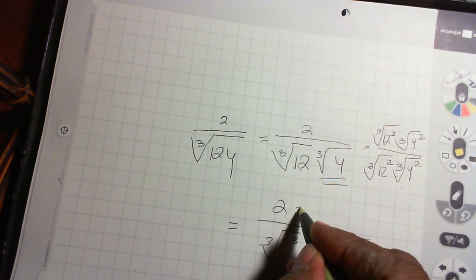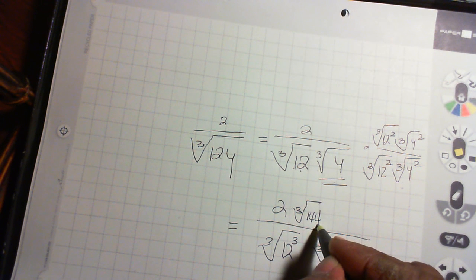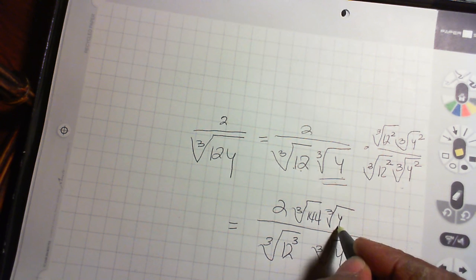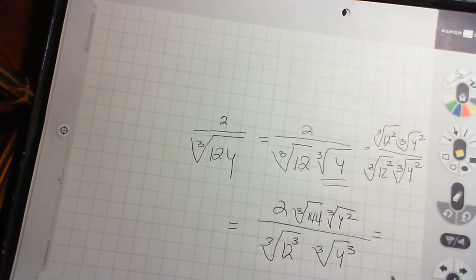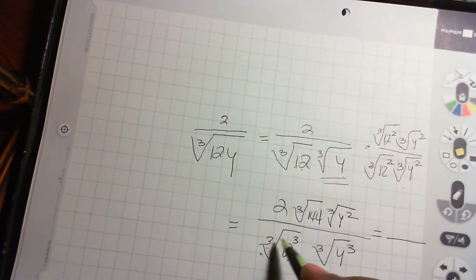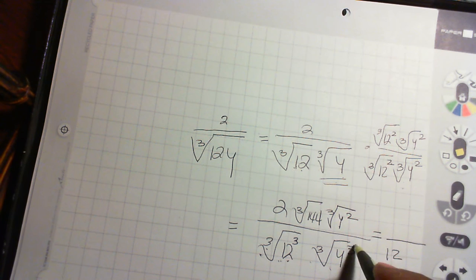The top, you have 2 times the cube root of 144 times the cube root of y squared. You can combine these two here, we'll do that in a second. But look at the bottom now. The cube root of 12 cubed is 12.